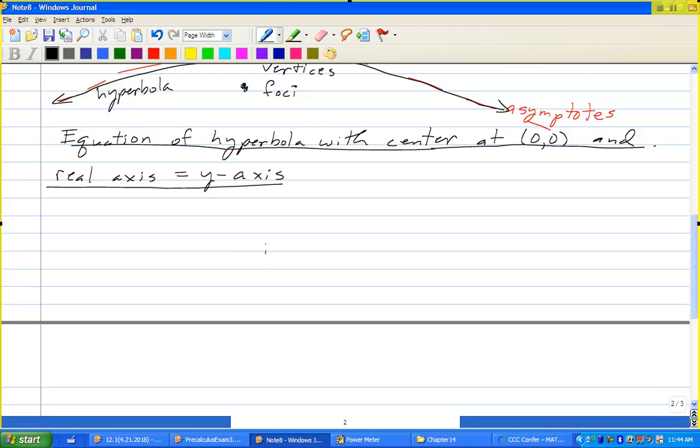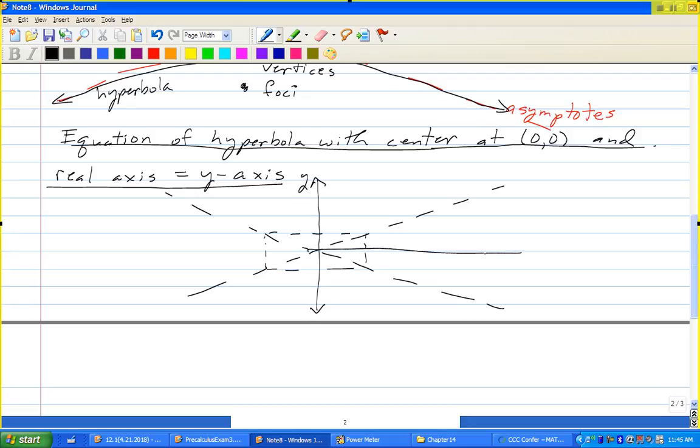Suppose I have some bounding rectangle. And let's say this is the y-axis. This is the x-axis.